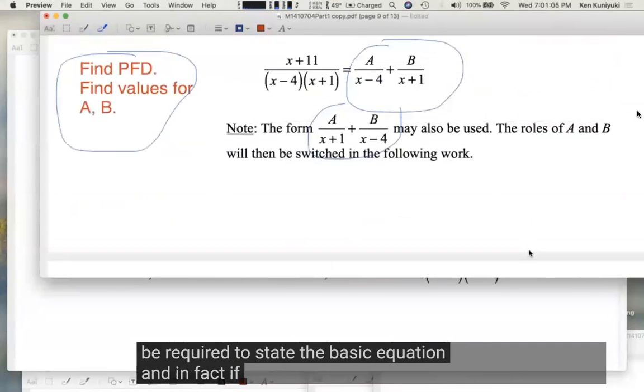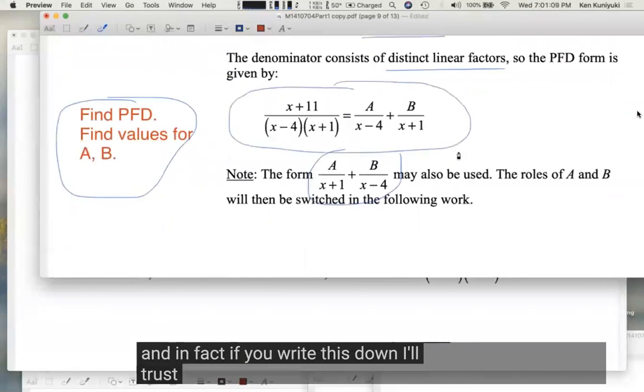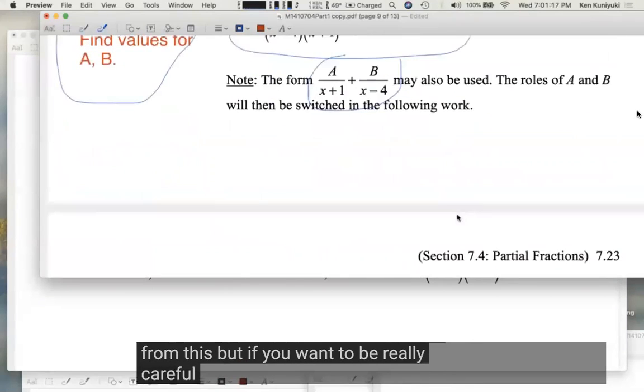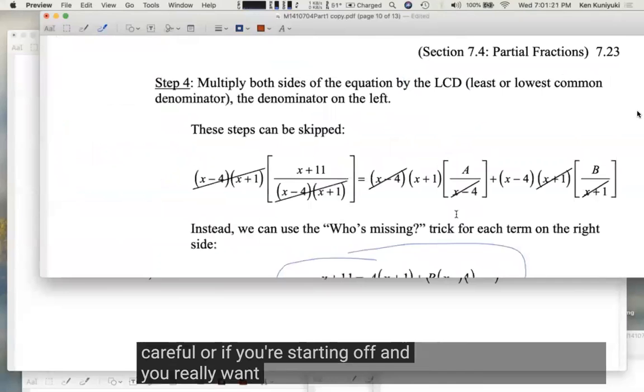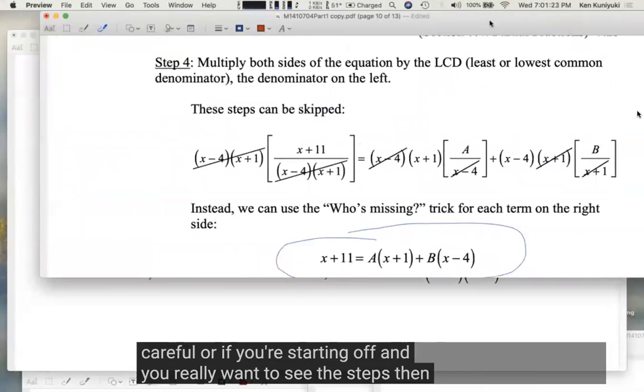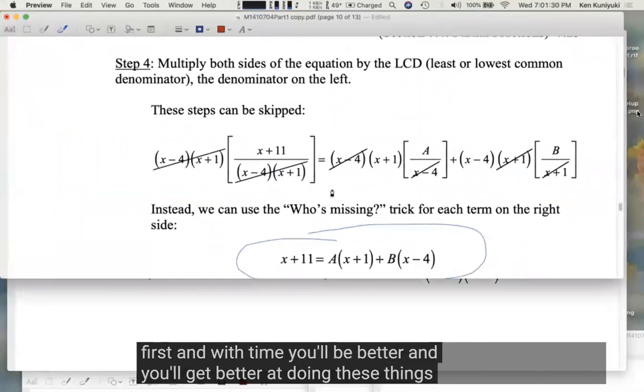If you write this down, I'll trust you that you'll be able to do the algebra in your head so that you can write the basic equation down directly from this. But if you want to be really careful, or if you're starting off and you really want to see the steps, then you might want to write this out at first. And with time, you'll get better at doing these things in your head.